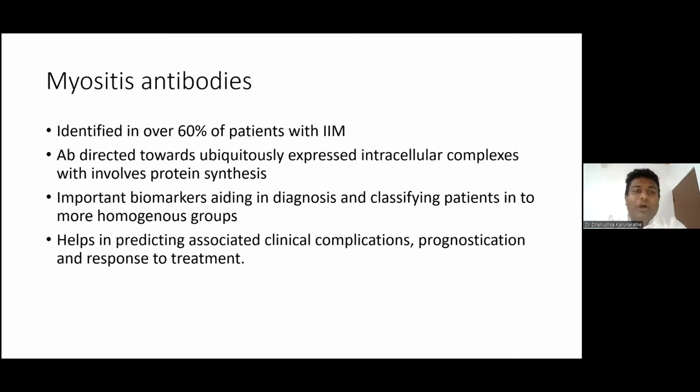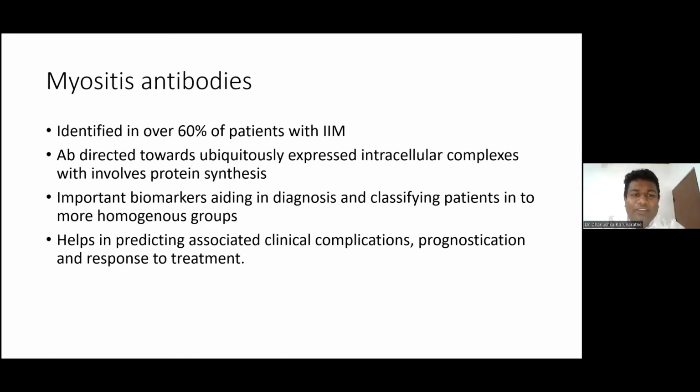And talking about the myositis antibodies, which is our theme today, they are identified in more than 60% of the patients with inflammatory myopathies. These are the antibodies directed towards ubiquitously expressed intracellular complexes which are involved in protein synthesis.